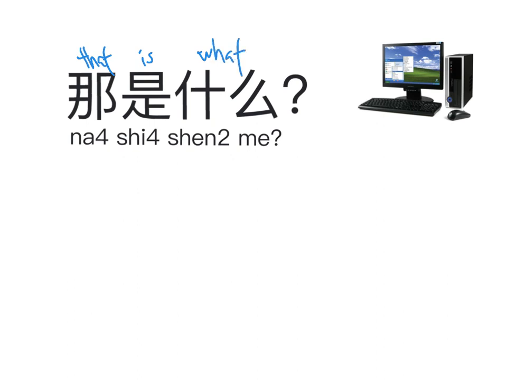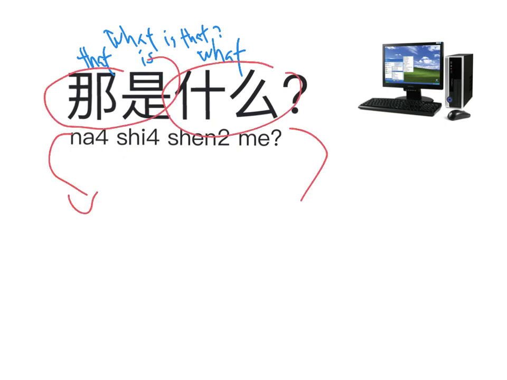So that is what, or what is that. Okay, so you have to clarify if it is this or that. 这是 is this, 那是 is that. So 那是什么? Again, the answer is very simple. All you have to do is copy this 那是. Okay, and then 什么 we all know is a computer.